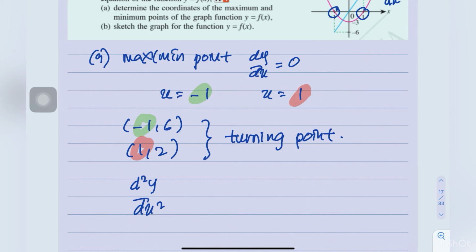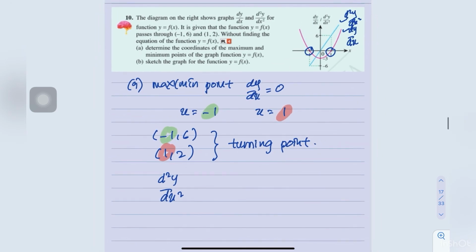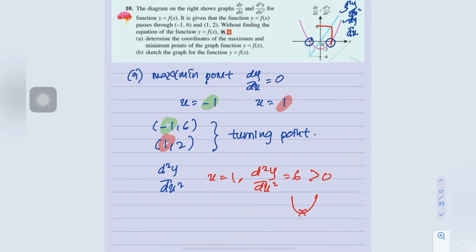Okay, so when x equals 1, look at the d squared y dx squared graph, the blue graph. When x equals 1, d squared y dx squared is 6. 6 is more than 0, and more than 0 is a minimum point.